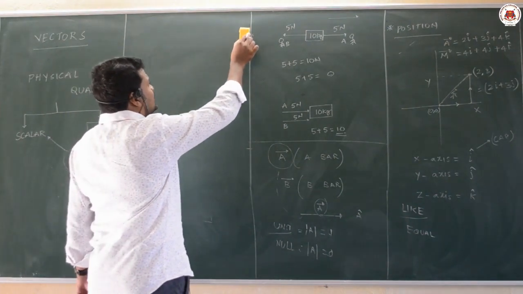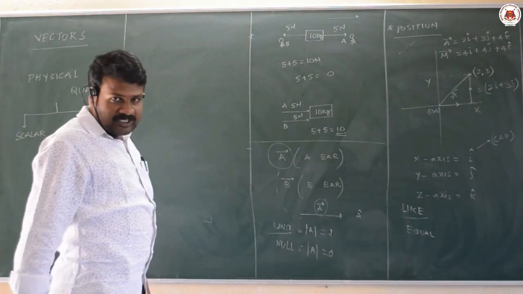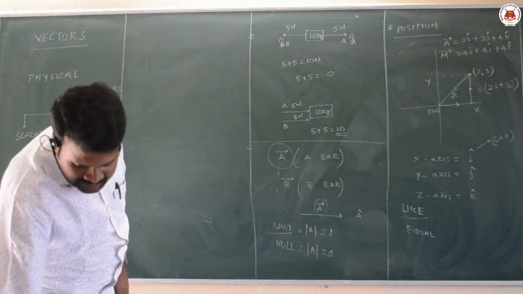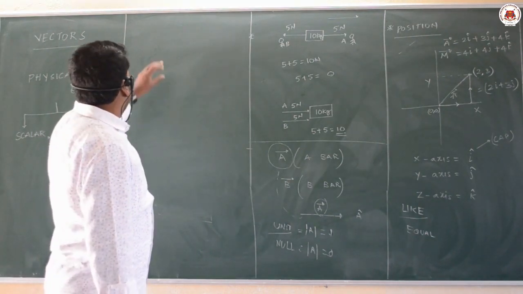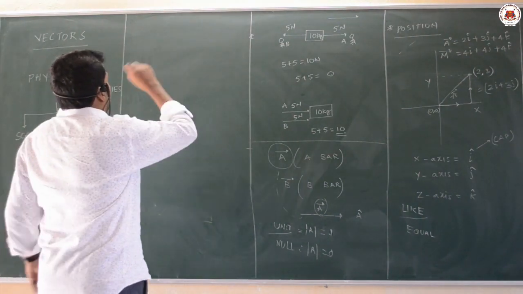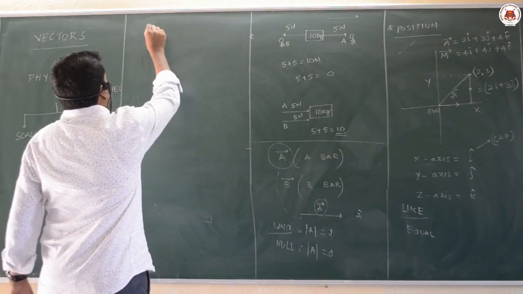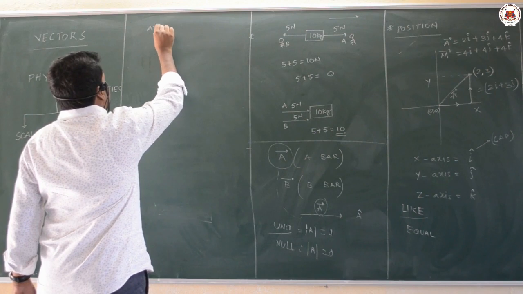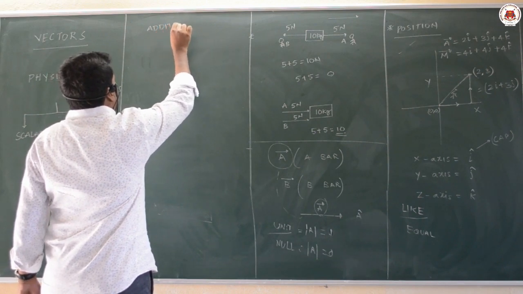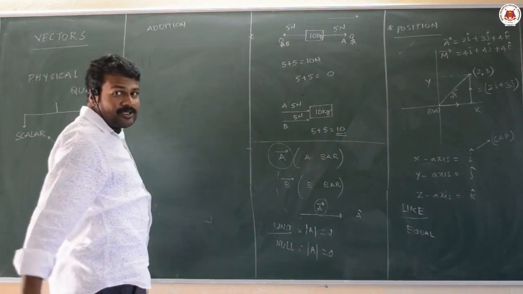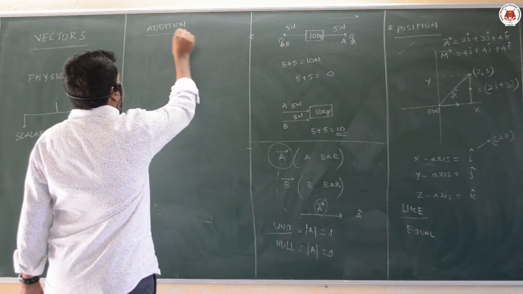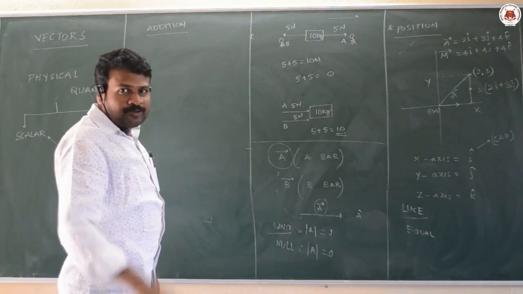In mathematics, scalar addition is very simple. Now I am discussing the addition of vectors. First we will see the definition, then afterwards there is one law for how to add. Two laws are there that we can discuss. How to add two vectors?